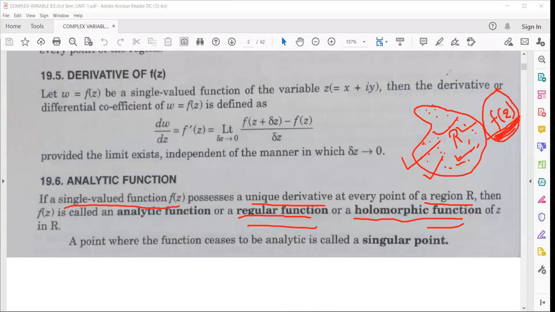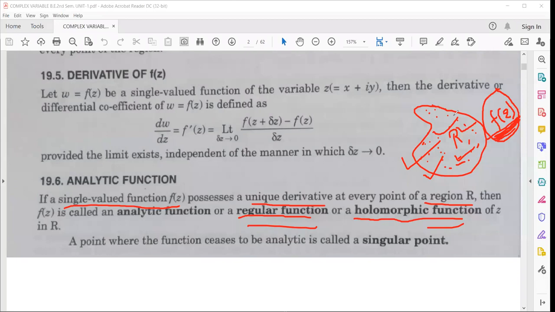So you may get a situation where the function may not be analytic. That means you will get some point where the derivative of the function does not exist. It is not necessary that at every point the derivative of f z will exist. I'm not saying that f z is analytic; I don't know whether f z is analytic or not.